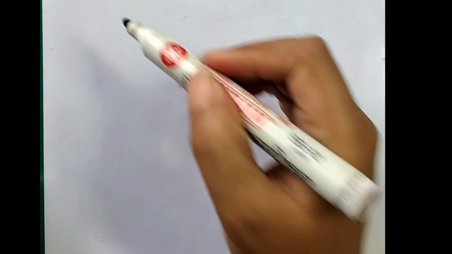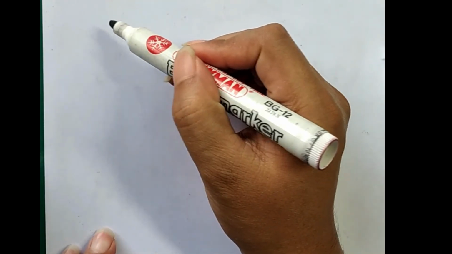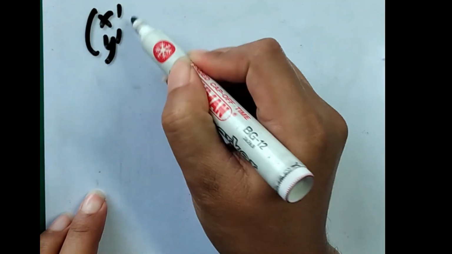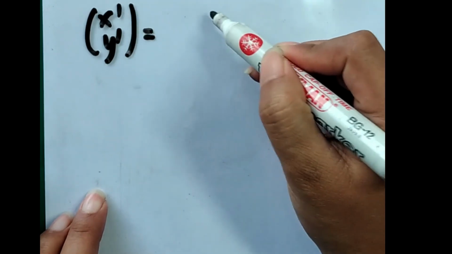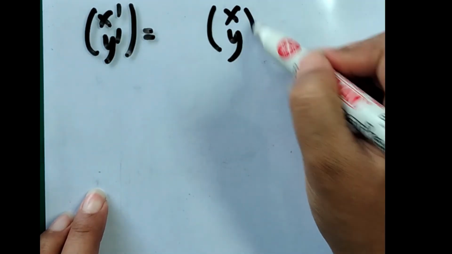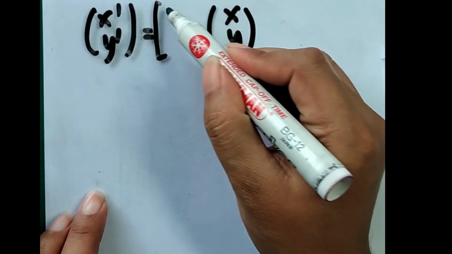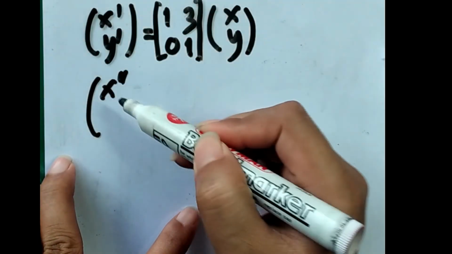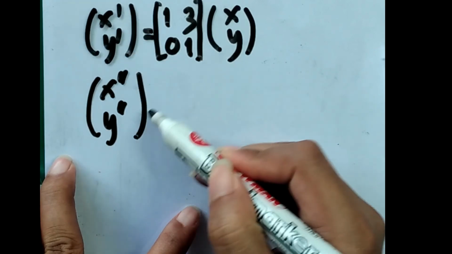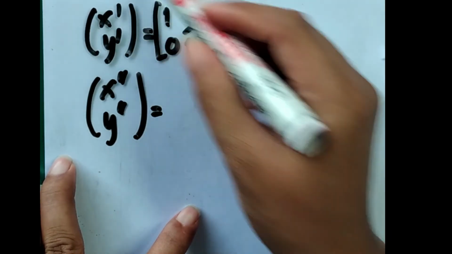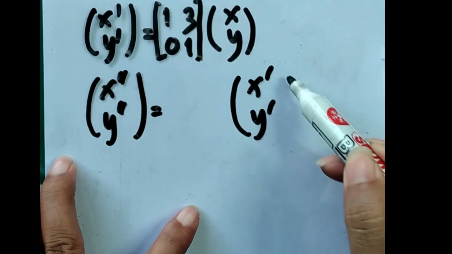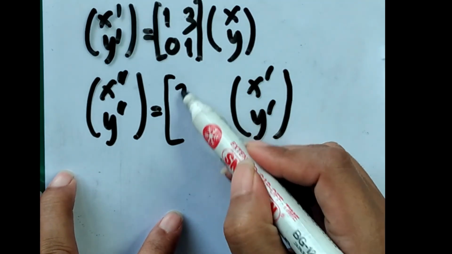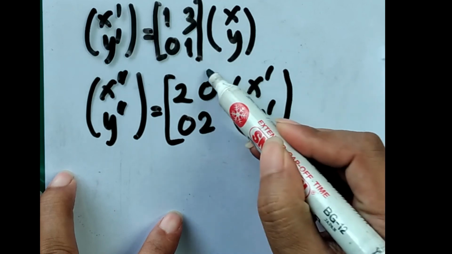We know that x accent, y accent is transformed from x and y by the matrix 1 3 0 1. X double accent, y double accent is transformed from x accent, y accent by this matrix 2 0 0 2.